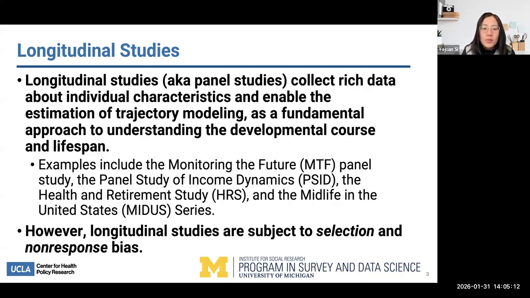Longitudinal studies are popular, but they are subject to selection bias when the participants are different from the population of interest, and they are also subject to non-response bias, which is the focus of this presentation.